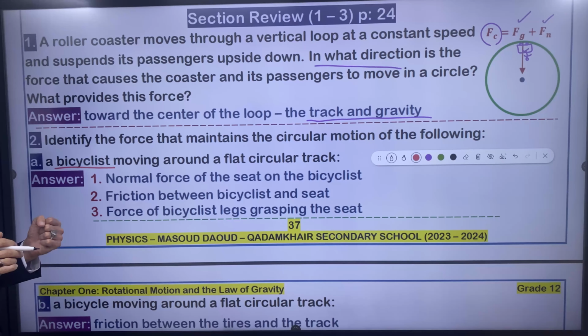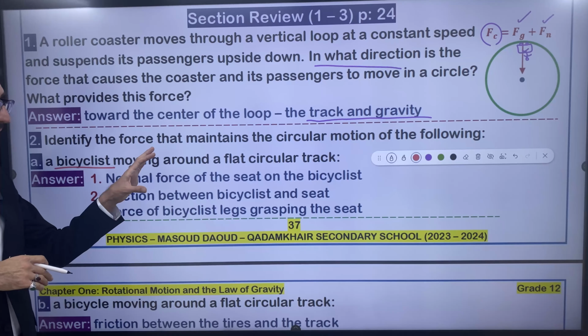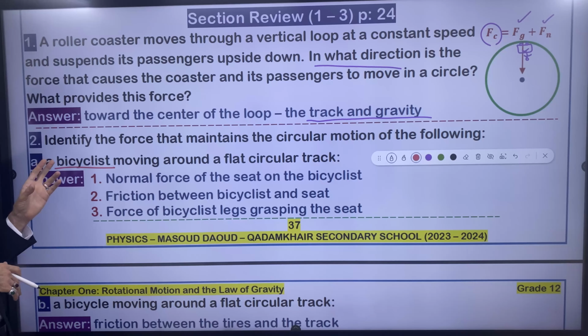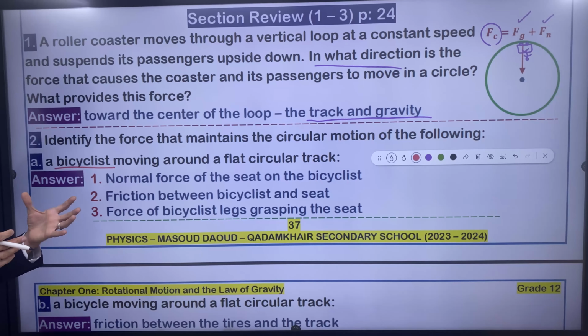Don't confuse it. Some students, without caring about the words, think that the bicyclist is a bicycle. So you have to take a look at the words, right?